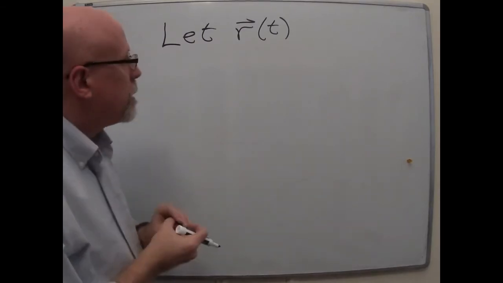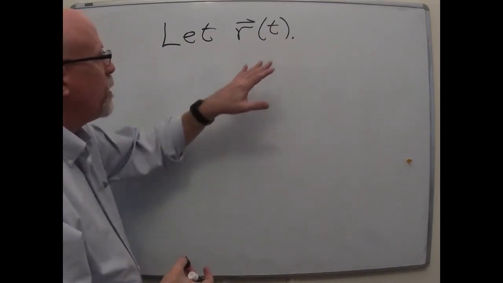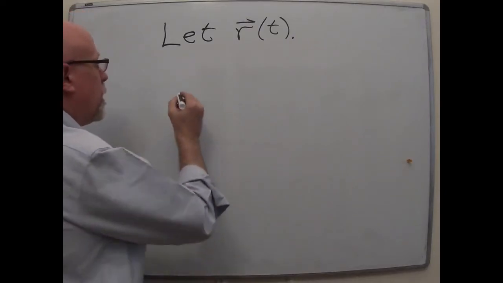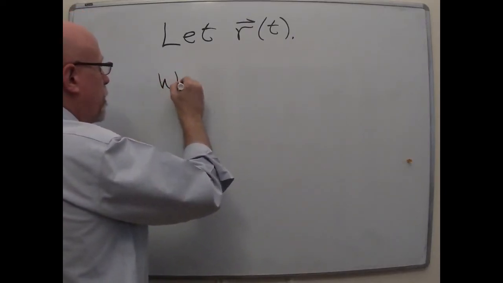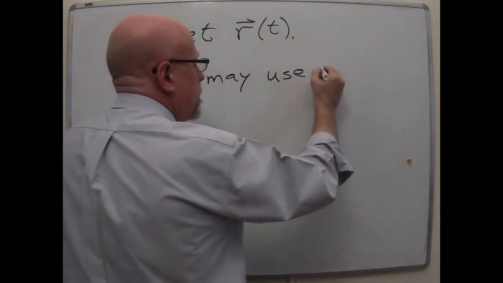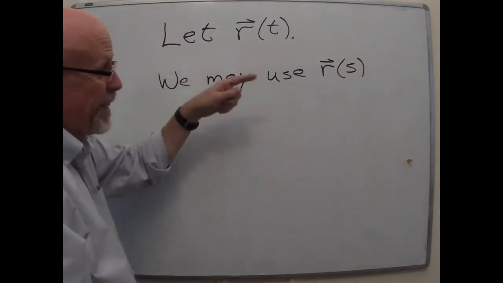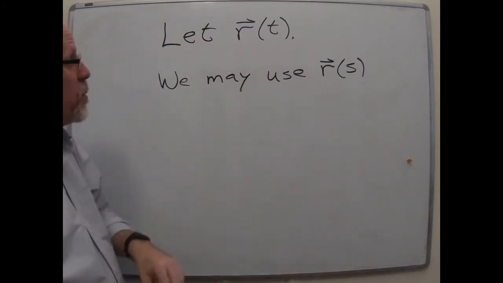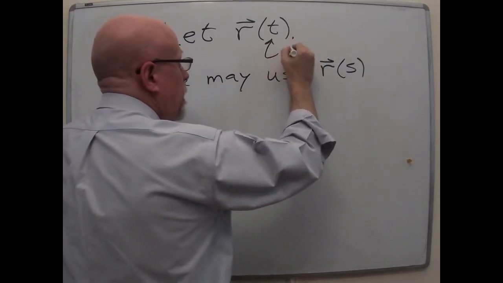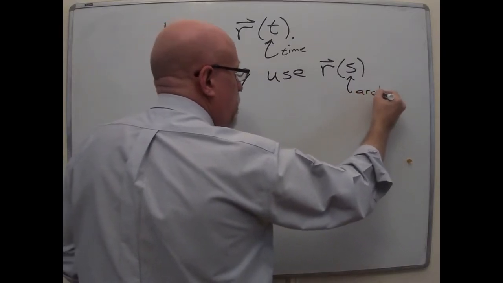I want to mention, before I get any further, that we will often prefer to think of this as a function of position along the curve. So we may use r of s. In fact, we will often think about it as r of s, but we actually just need to get facile with going back and forth between these two things. So t is usually thought of as a time parameter. This s is a space parameter, or well, literally arc length, position along the curve.